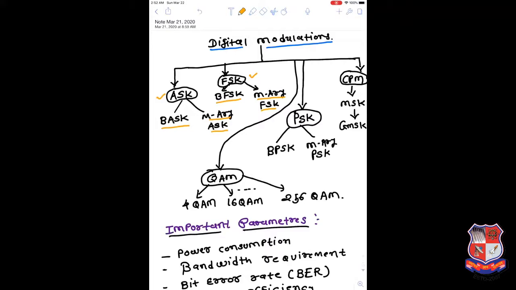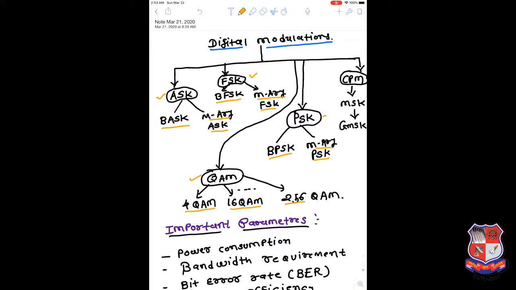The third important digital modulation scheme is phase shift key, which can be further classified as binary phase shift key or M-ary phase shift key. Then we will look at quadrature amplitude modulation with different variations like 4 QAM, 16 QAM, 256 QAM and so on.